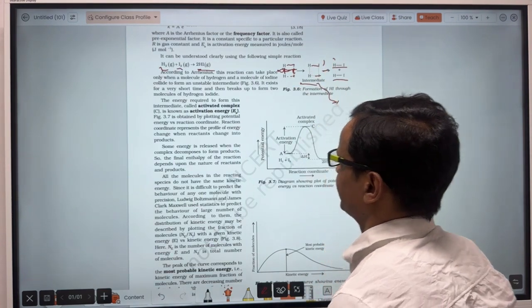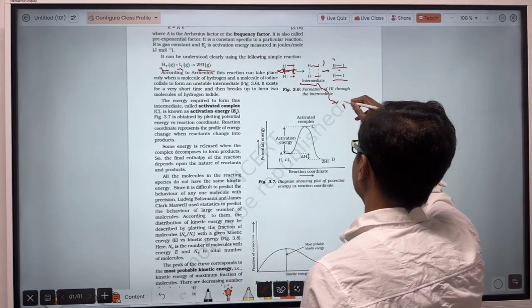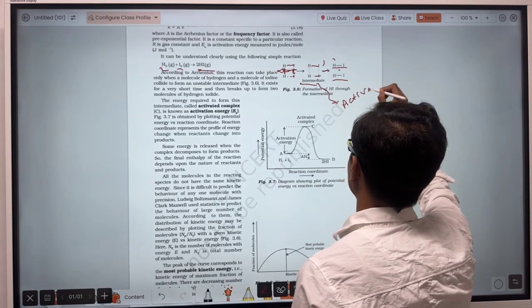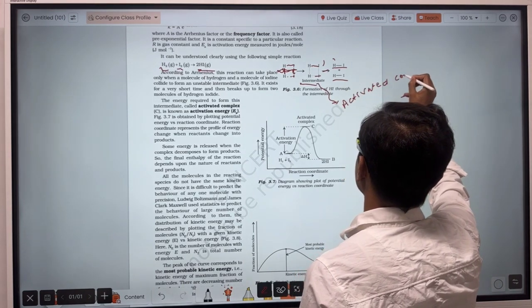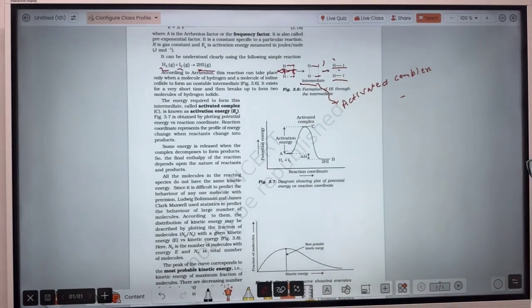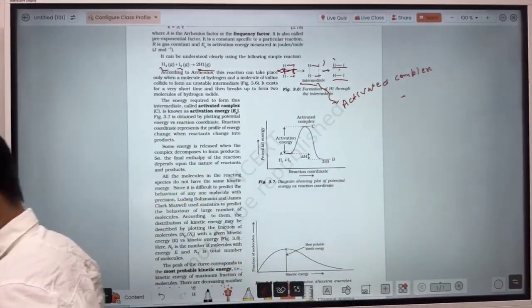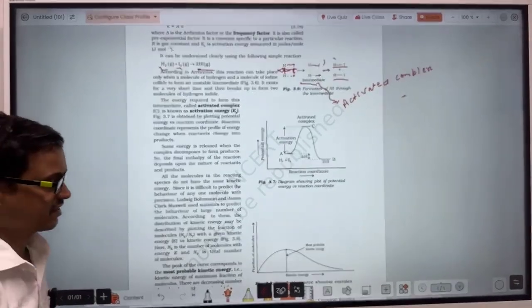It is unstable, and it is also called the activated complex. So what is the activated complex here?